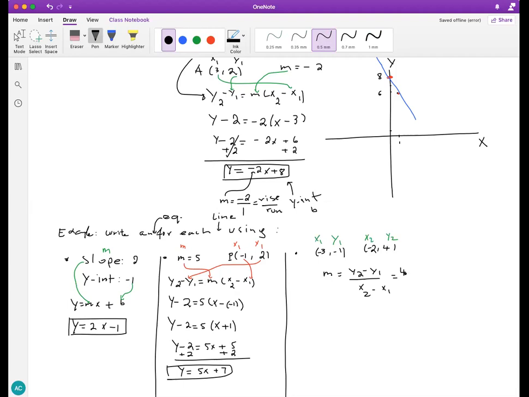So y2, we wrote it here. Immediately write this negative. It's always going to be there. Then you write whatever y1 is. What is y1 again? y1 is -1. That's right, -1. So in addition to this negative from the formula, we have a negative because y1 happens to be negative. So we're going to have a double negative here.